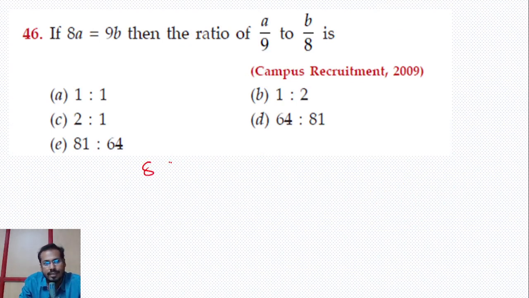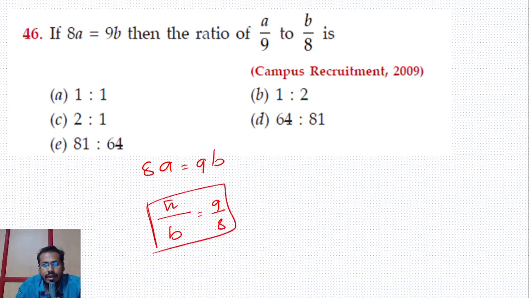8A is equal to 9B. Then the ratio of A by 9 to B by 8 is what? I kept A here and B by 8. So A is equal to 9. Look at this. In this particular one, A is equal to 9 and B is equal to 8.